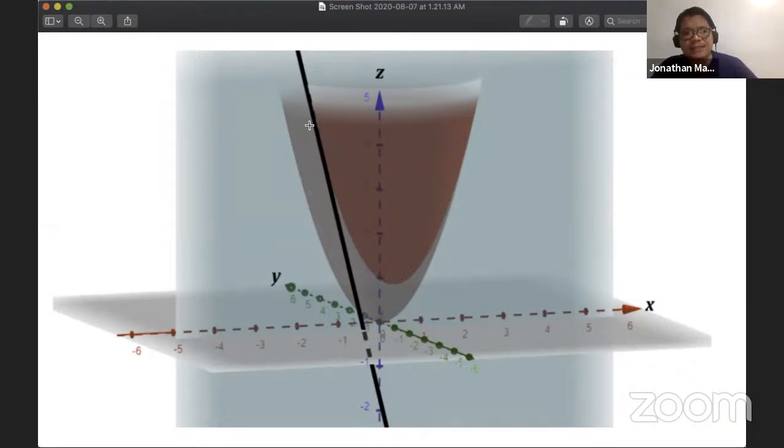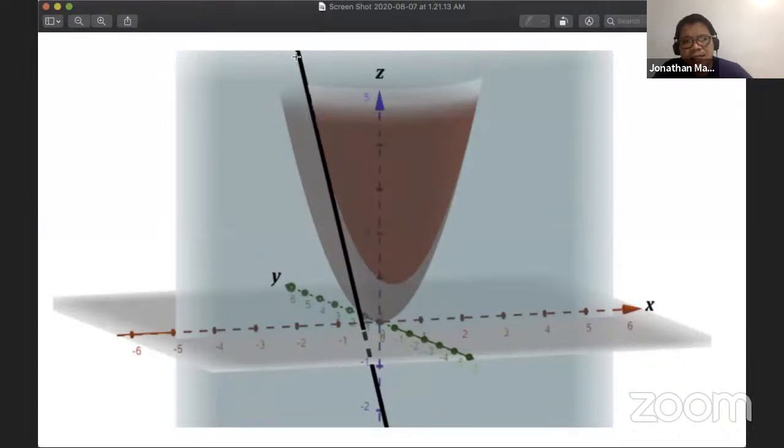So that is the intersection of the plane and the paraboloid. And, nasaan yung point? Ito. Ito yung point, ano nga tong point na to? Negative 2, negative 1, 5. Okay? Ito yung point, negative 2, negative 1, 5, somewhere here.